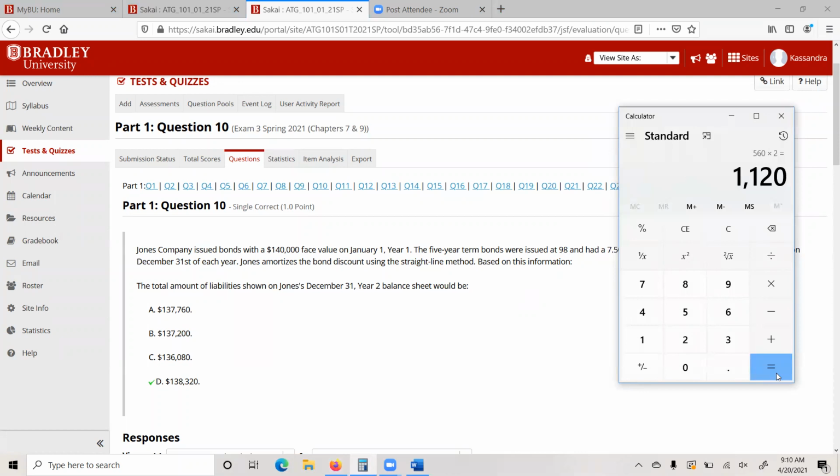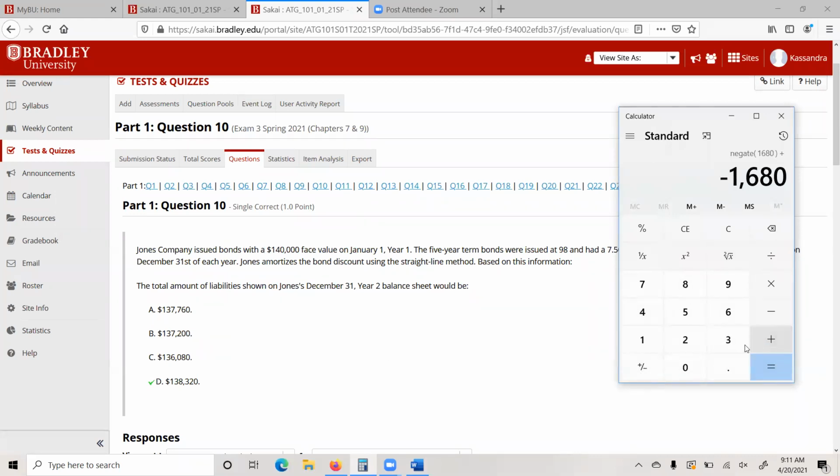So of that $2,800 of bond discount, we would be decreasing that balance by $1,120. So we had $2,800 in bond discount minus $1,120 amortized. So the balance of that account would be $1,680. And being a discount, that amount reduces the effective balance of the bonds on the balance sheet.